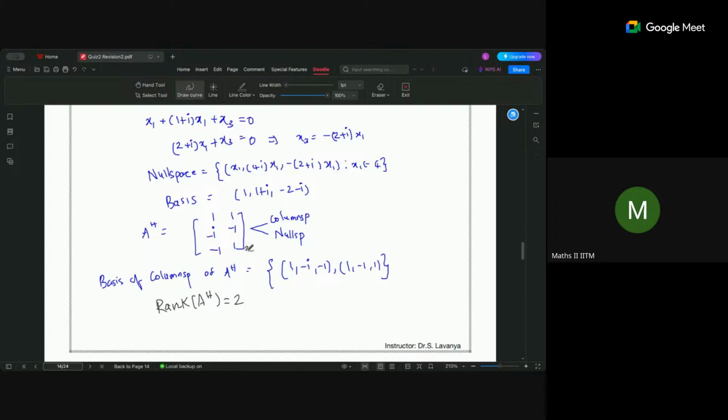And it is a 3 cross 2 matrix. Now for a 3 cross 2 matrix, rank of AH plus nullity of AH is equal to 2. So 2 plus what is equal to 2? 0. This means that the null space of AH is simply the 0 space and the basis is simply 0, 0.